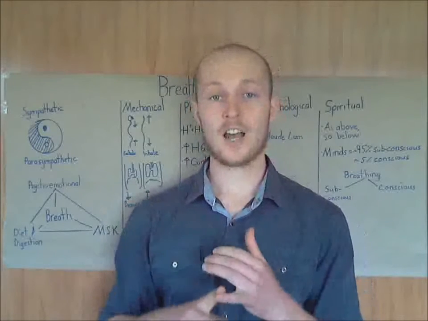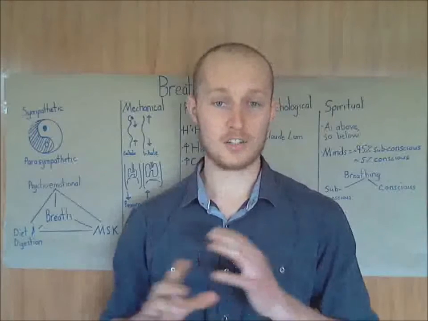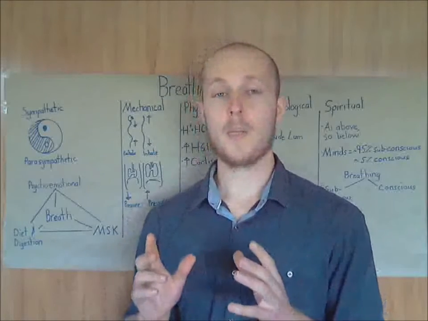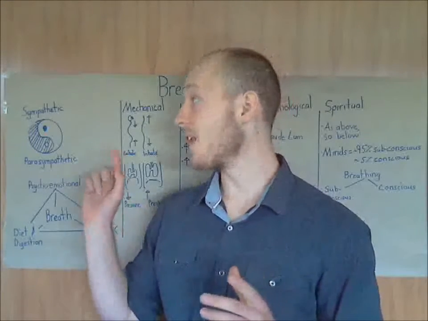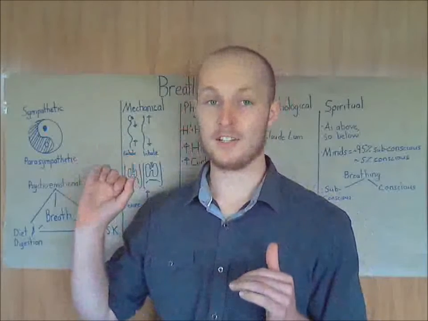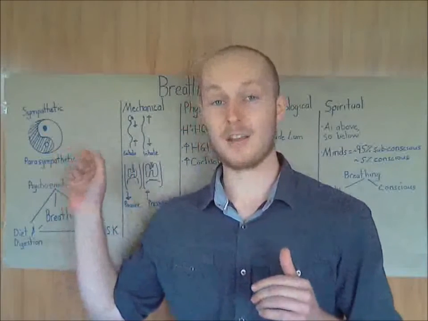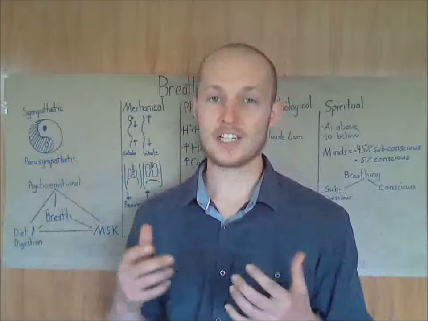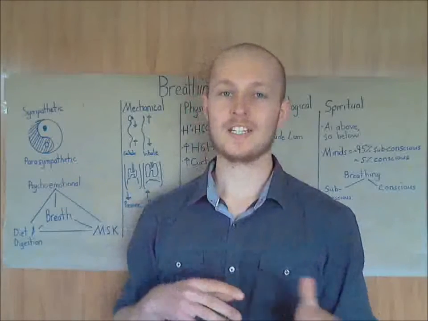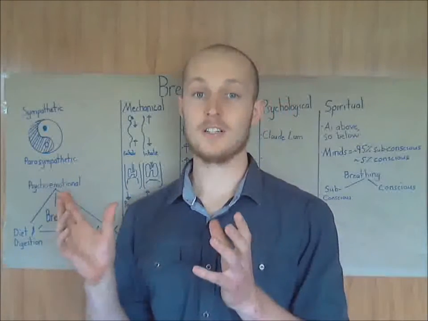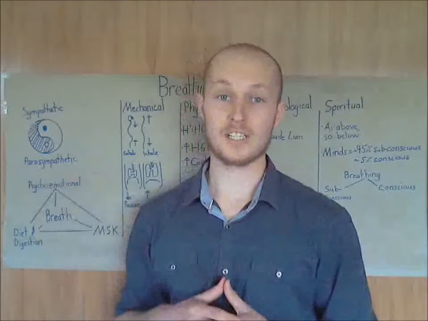So when it comes to breathing pattern disorder, bad breathing, it's when there's an imbalance between the sympathetic and parasympathetic. And 99 times out of 100, we tend to go towards sympathetic breathing.